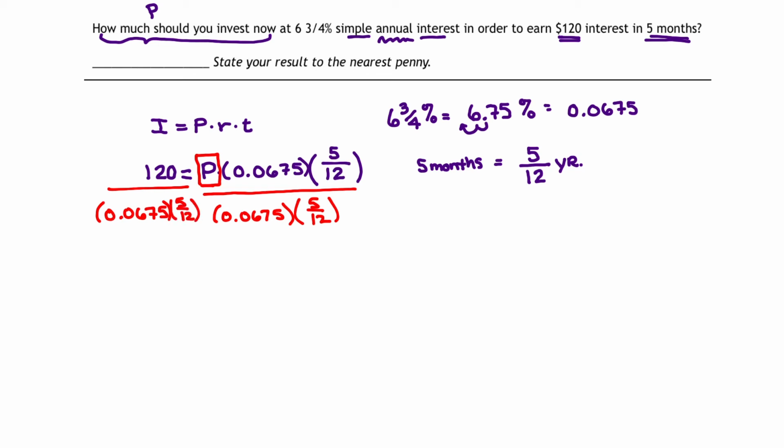This then will tell me what my principal is. This divides out, and it's left with P equals 120 divided by this quantity, 0.0675 times the fraction 5/12.